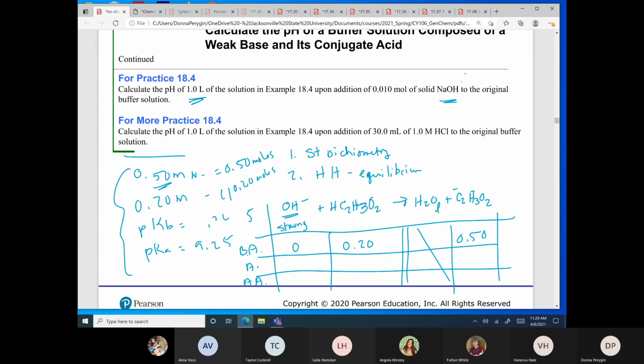The pKa, they've got the pKa of 9.25. That doesn't make any sense. Okay, I don't know what's going on here. This makes no sense. I just caught this. I looked over these problems last night.